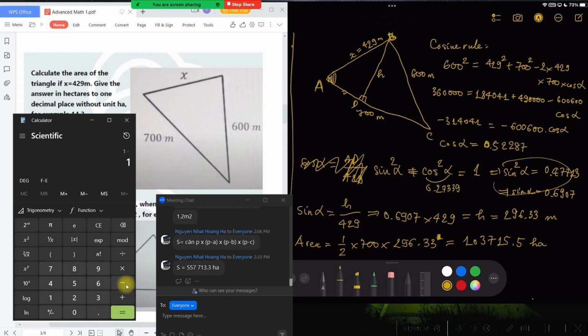So 1 minus 0.27339, and the square root of this should give you 0.85241 something. Okay.